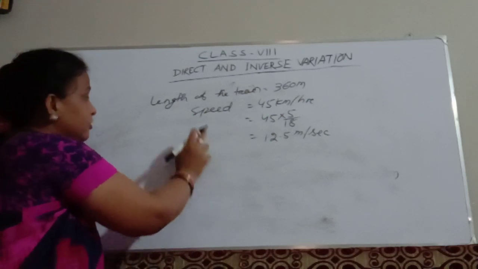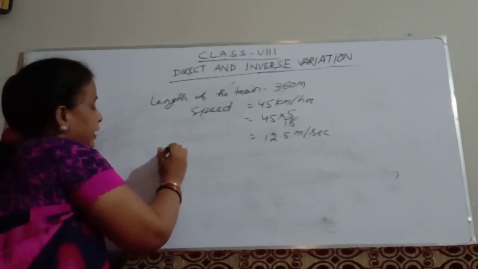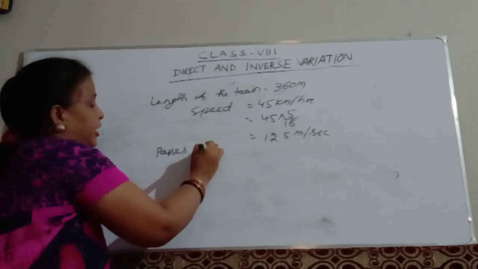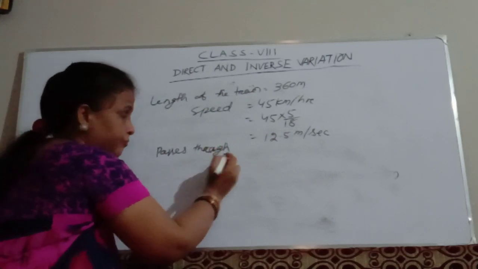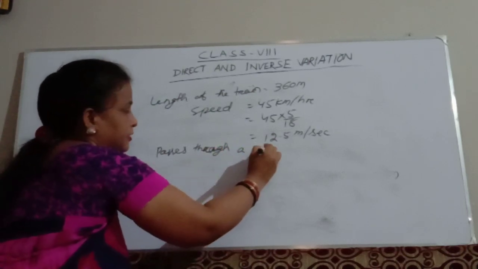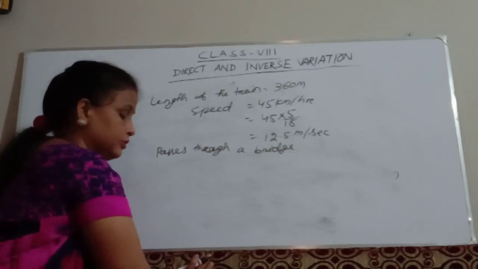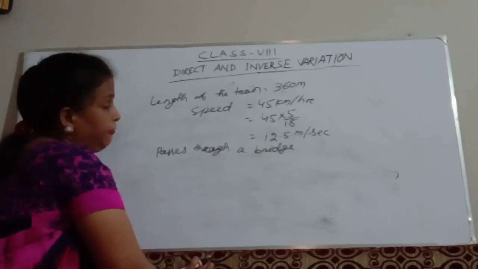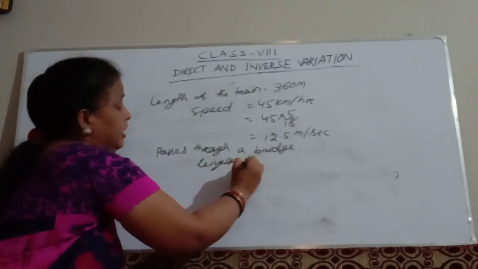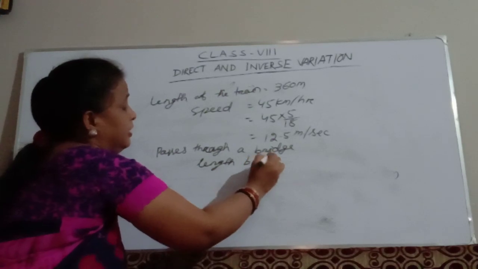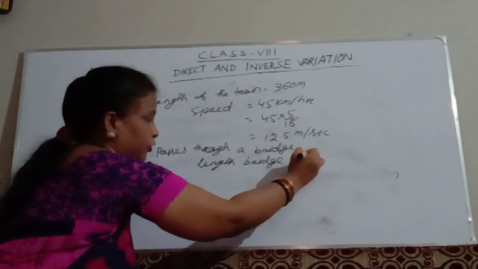So the length of the train is given as 360 meter, and it passes through a bridge. If the length of the bridge is given, suppose in this question the length of the bridge is given here as 140 meter.